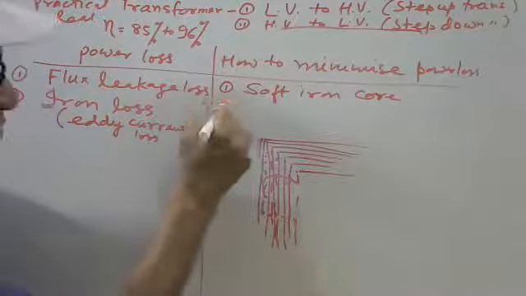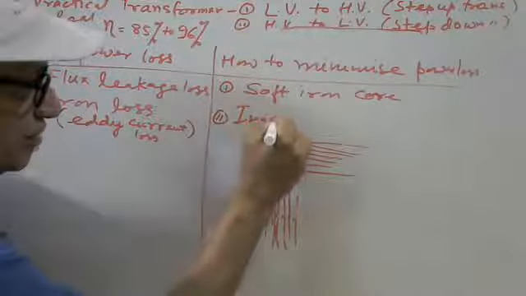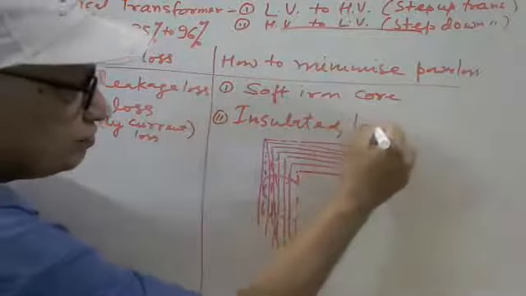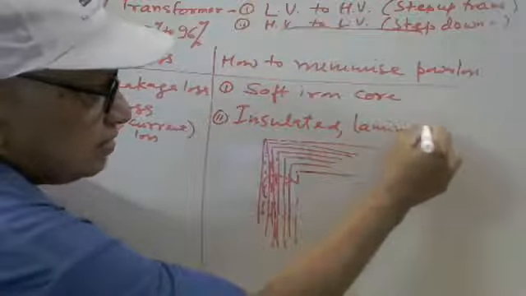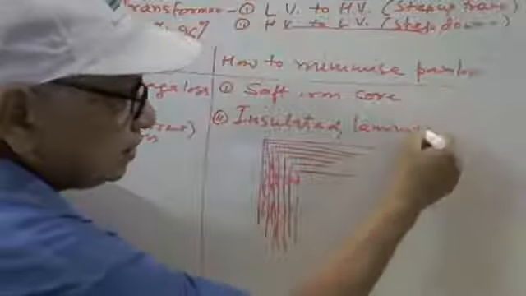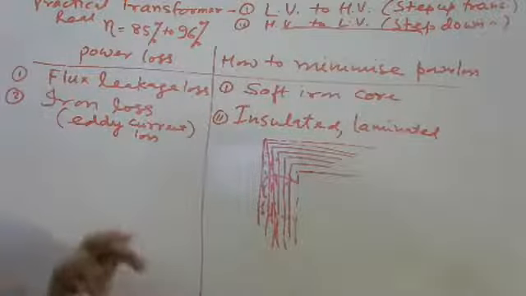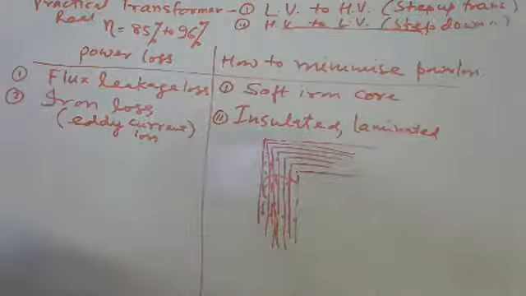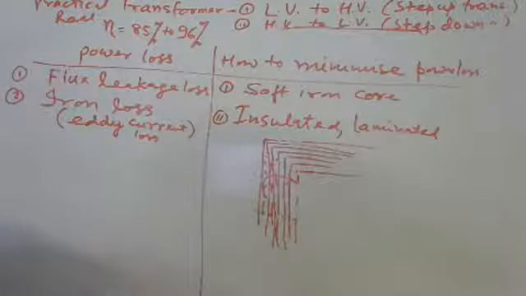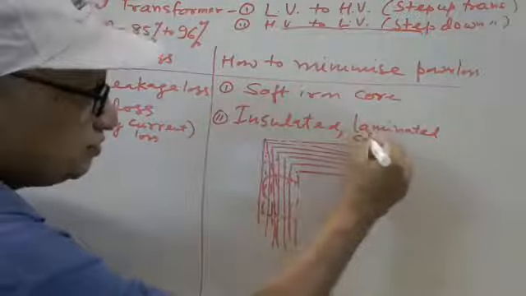So we are using the soft iron core, but insulated, laminated. Lamination means very thin plates, like lamination on your mark sheet, in your certificate. We are using the lamination, a very thin sheet of plastic, just to protect it, so it is an insulated, laminated soft iron core.